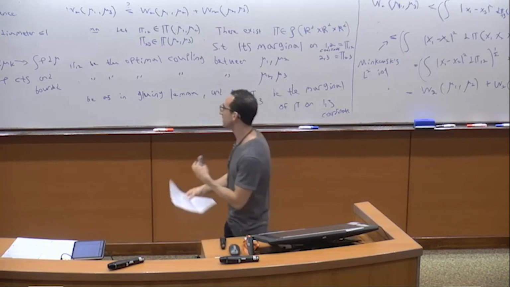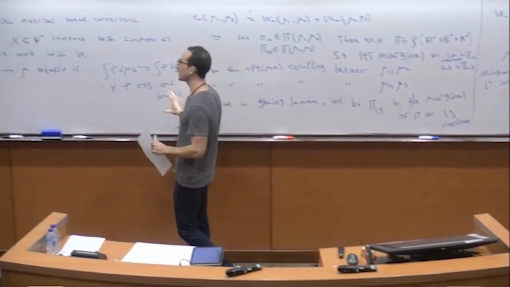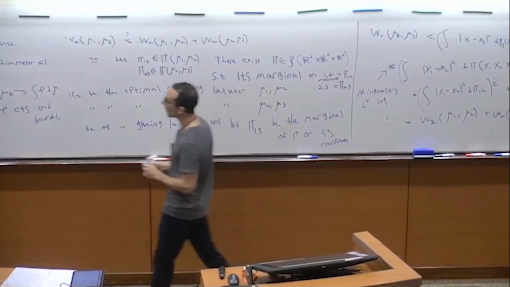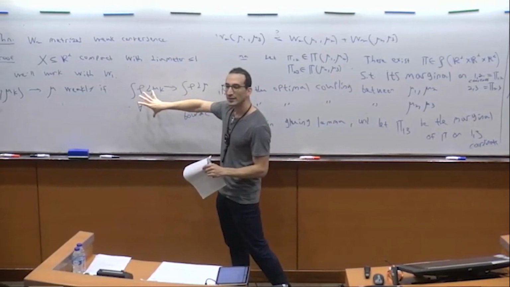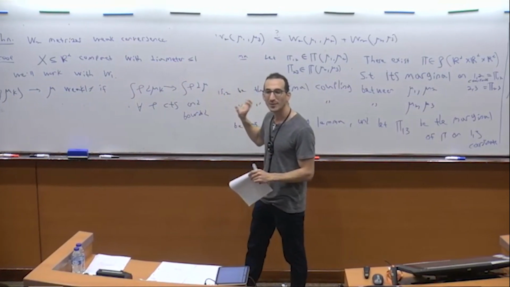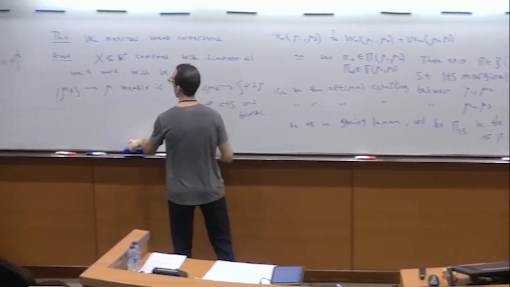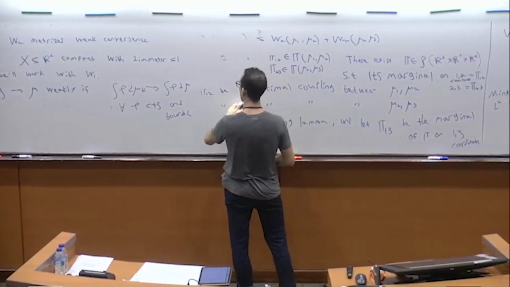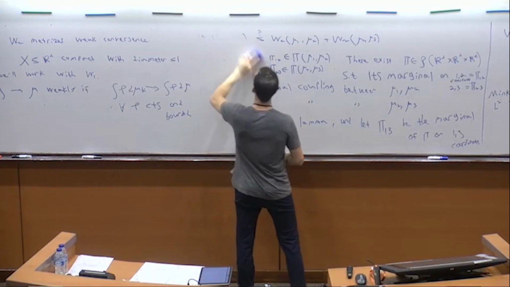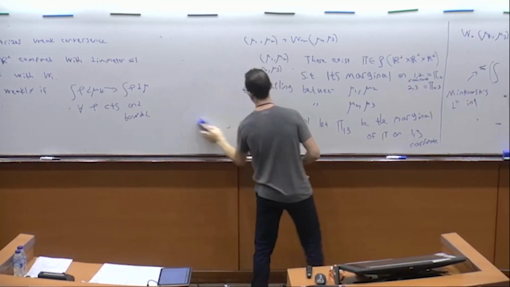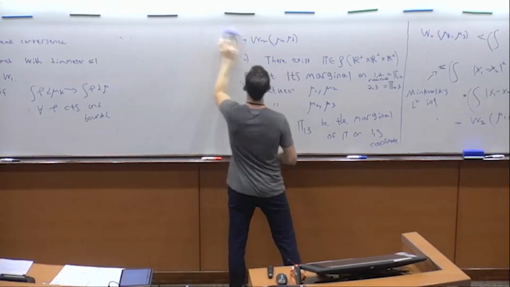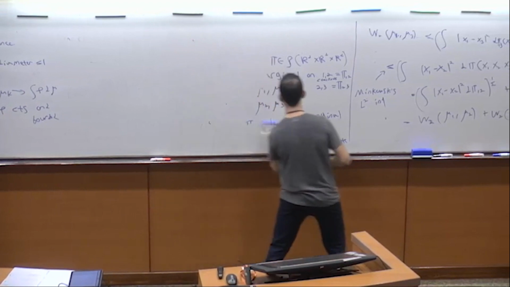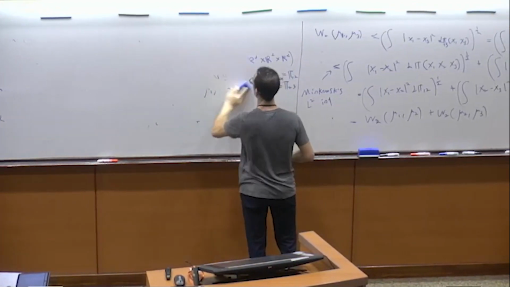I really wanted to show this statement because it's another nice example of using duality. If you think about it, we're basically done because of the duality statement that I mentioned before. Okay, I also want to write out what I mean by metrizes weak convergence, just for people who are not as familiar.